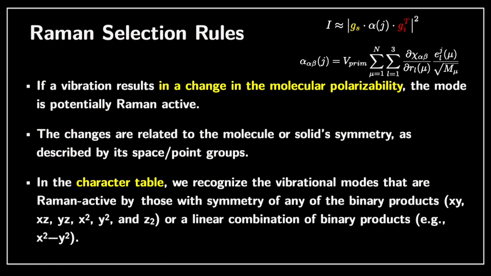And if the dipole is just linear, if it's a linear system like this, the variation is not going to allow you to have a Raman active mode. So in order for the derivative to be non-zero, you need a quadratic term, basically x squared, y squared, z squared. If you are not familiar with character tables, it's a little bit nebulous for sure, but bear with me, and I will show you in practice how you can get away with this.